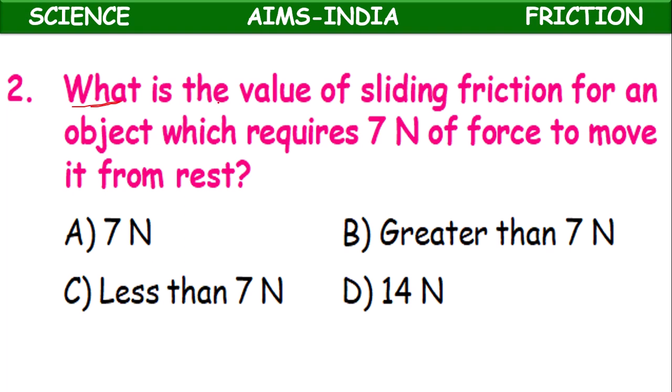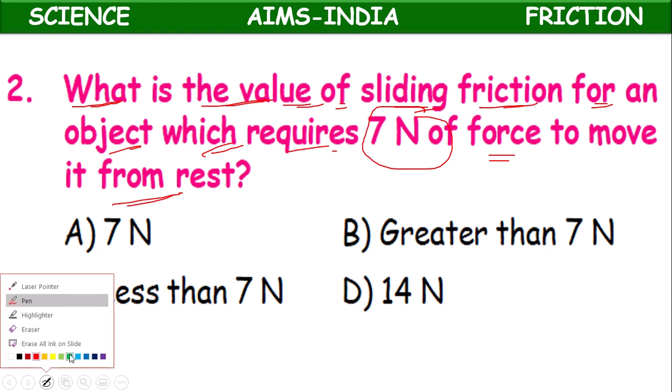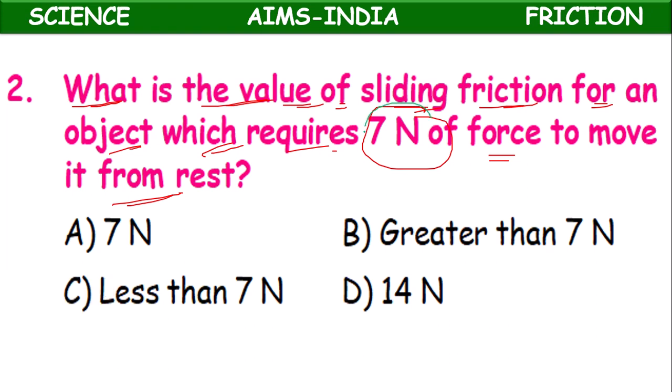Next, what is the value of sliding friction for an object which requires 7 newtons of force to move it from rest? Suppose a block is at rest, and we are applying force to make it move.